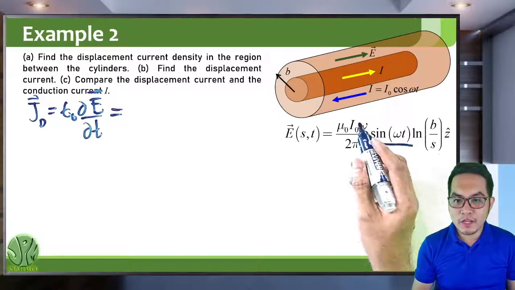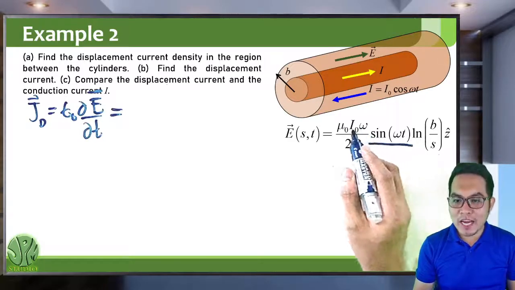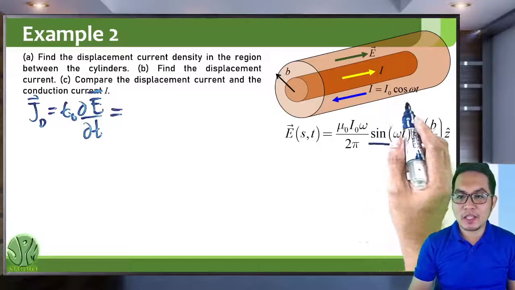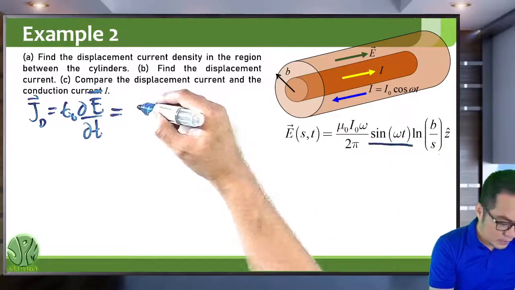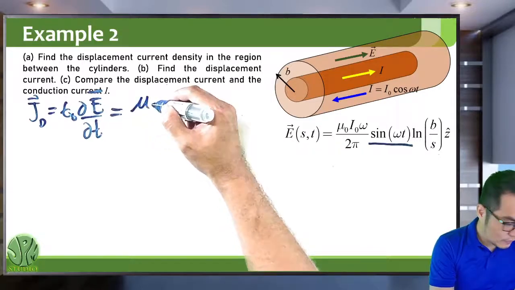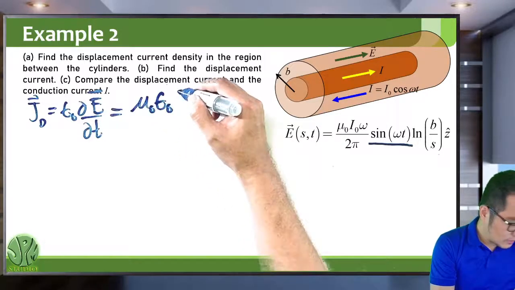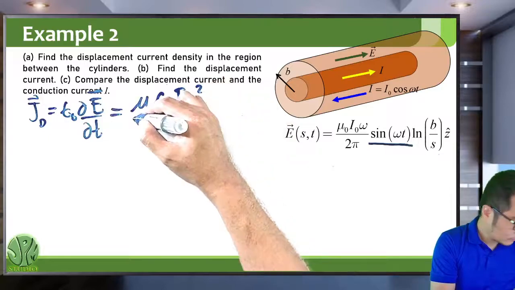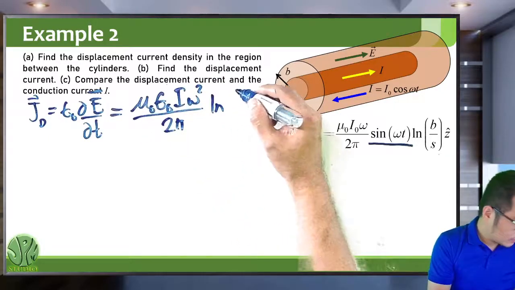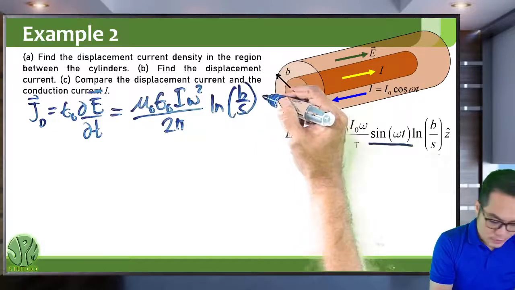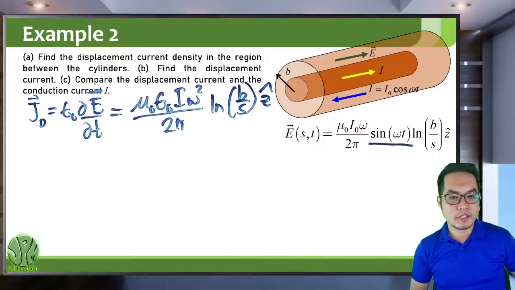So there's an omega, so this will now become omega squared, and I naught cosine omega t is just I, and we will get the value of mu naught epsilon naught I omega squared over 2 pi ln of b over s, z hat. So this is now the displacement current density.